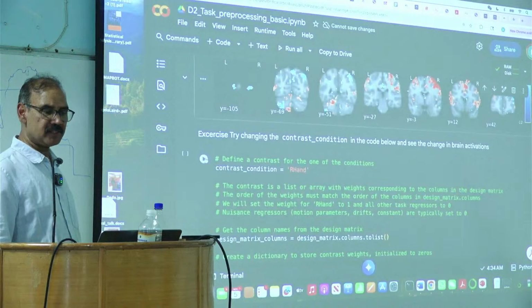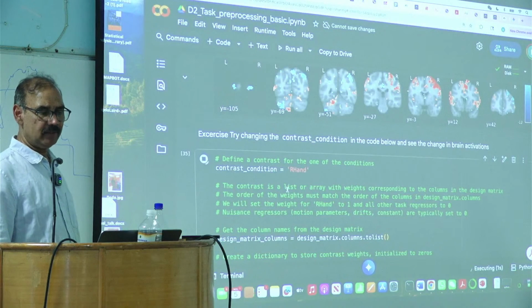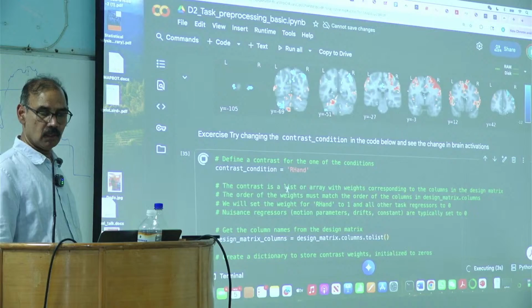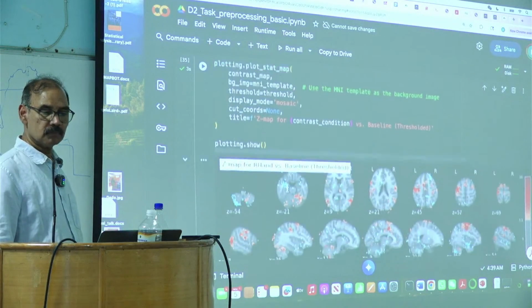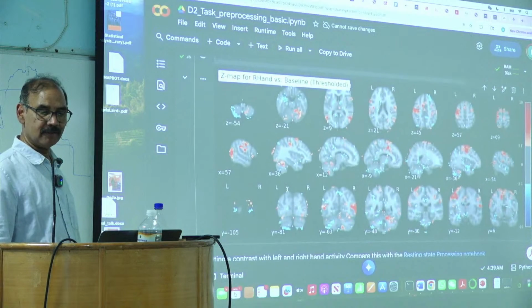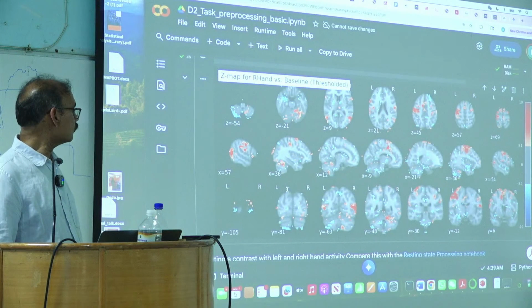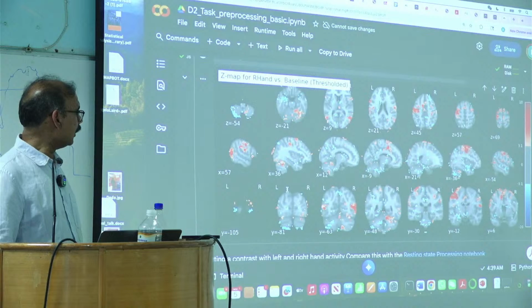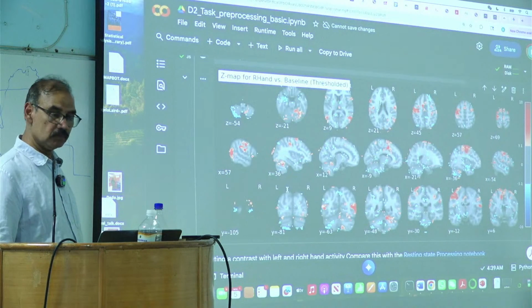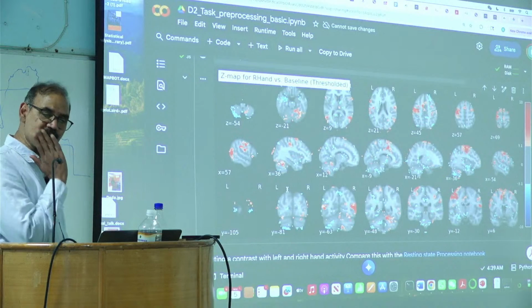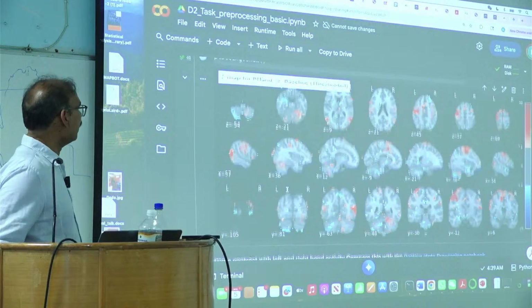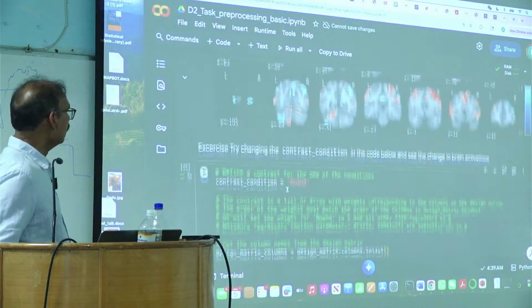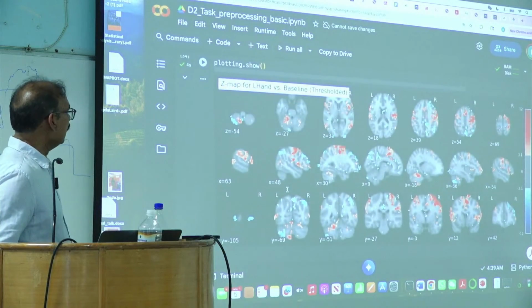So then the next is to do right hand. So this is the right hand, right? So if you look, do you see any pattern between left and right? So this is left hand.